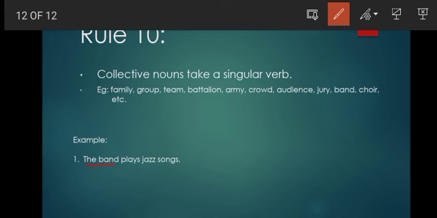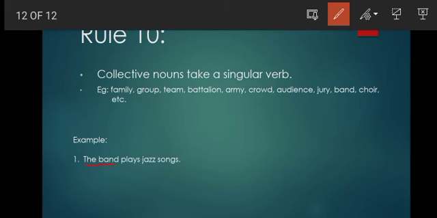a band consists of many members, right? But we mention this group collectively. That's why we must take it as singular form. That's why we use the word plays as the verb in the sentence.